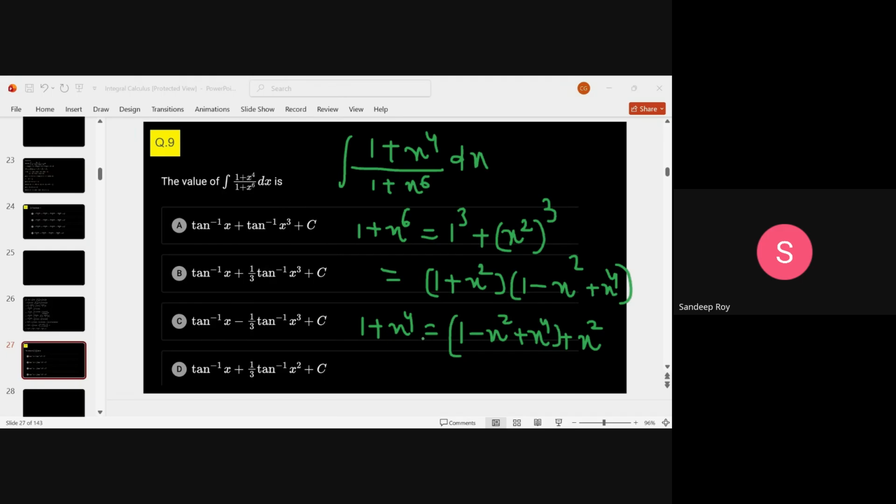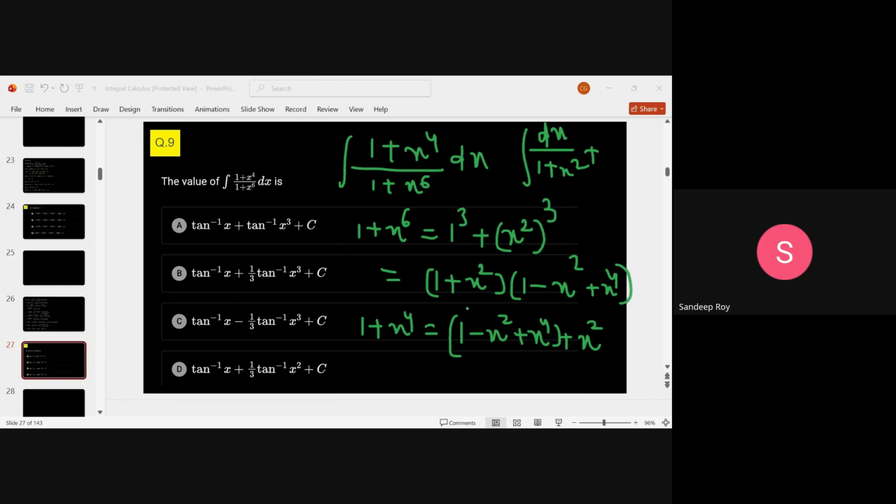Now you can start integrating. So you can separate the numerator part. The integrand becomes, finally, dx upon 1 plus x square as the first part, and plus the second part.